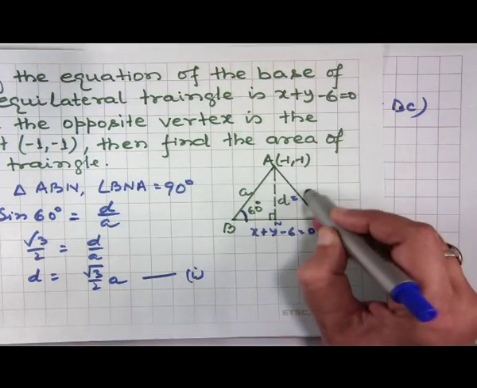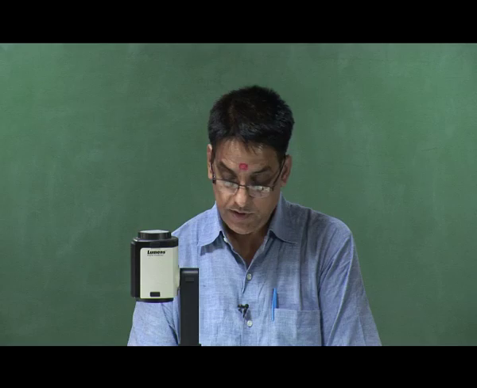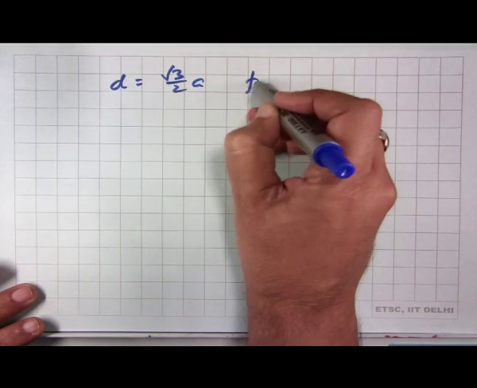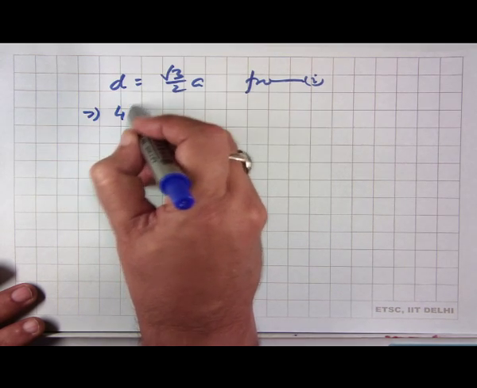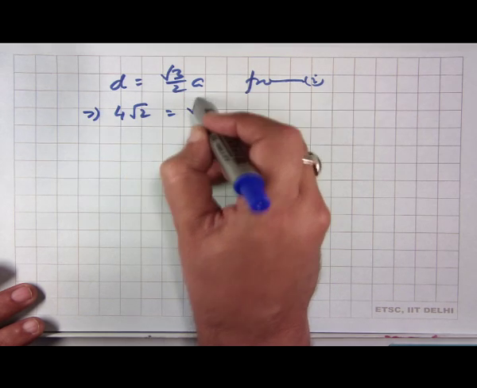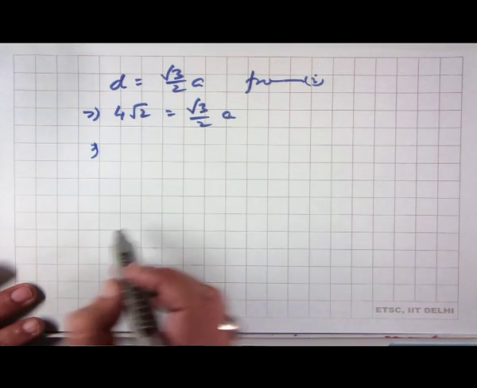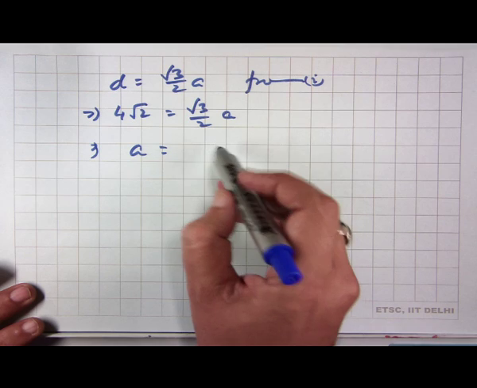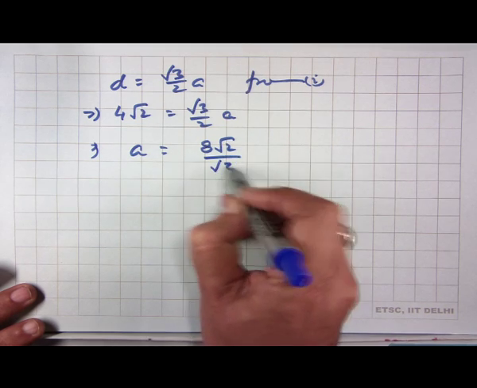Now in this triangle, D is equal to 4 root 2. D is equal to root 3 by 2 A from 1, which implies 4 root 2 equals root 3 by 2 A. This implies A is equal to 8 root 2 by root 3.